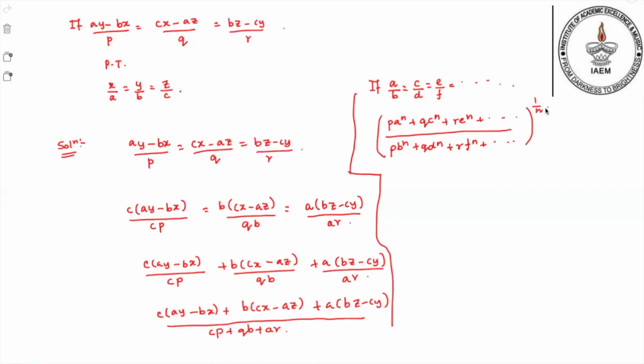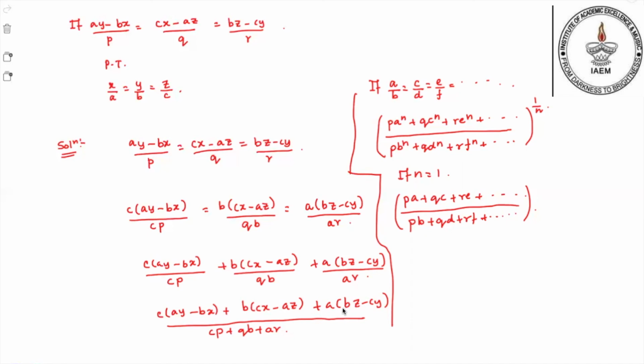This comes from a property called addendo, but addendo is not in your syllabus. So if n equals 1, we will get it as (pa plus qc plus re plus dot dot dot) divided by (pb plus qd plus rf). So this is the property.